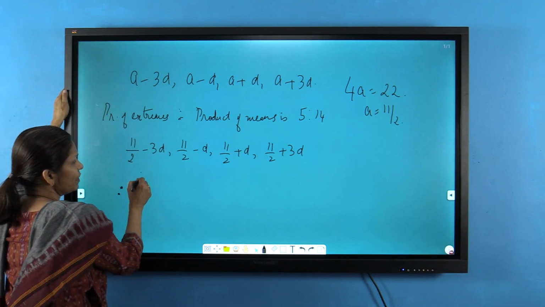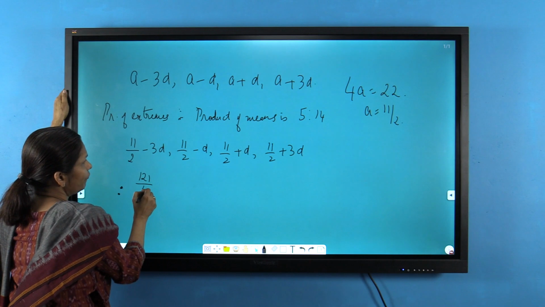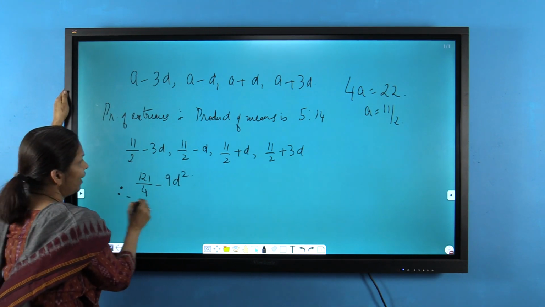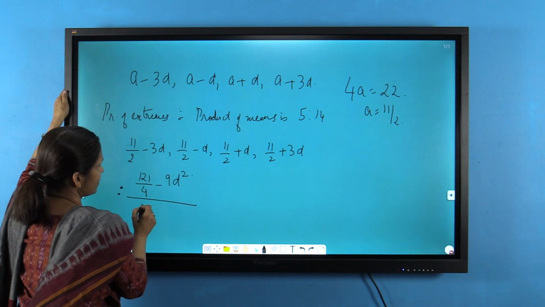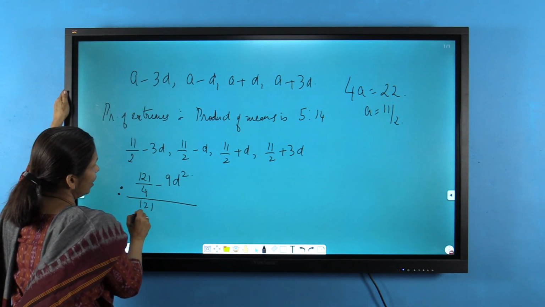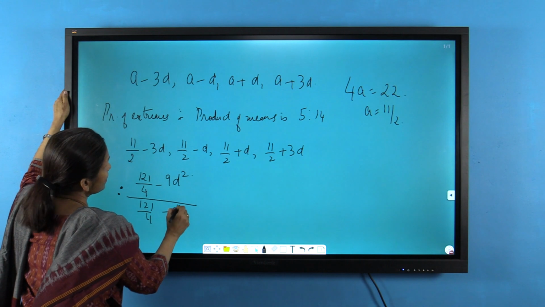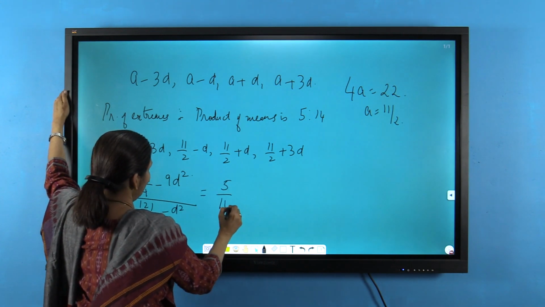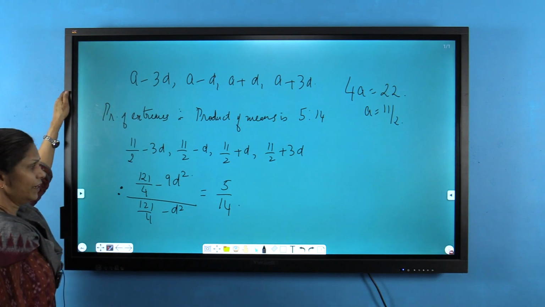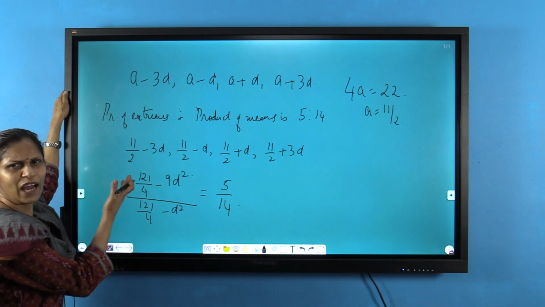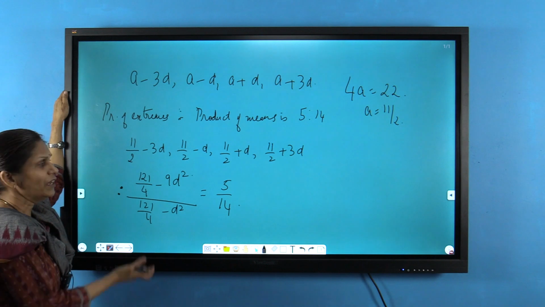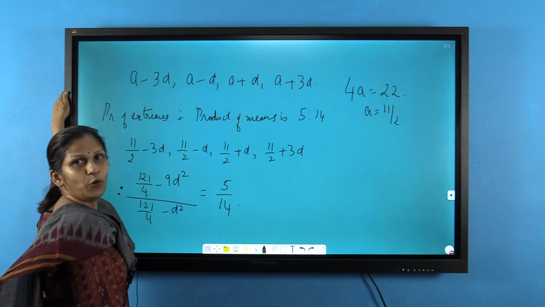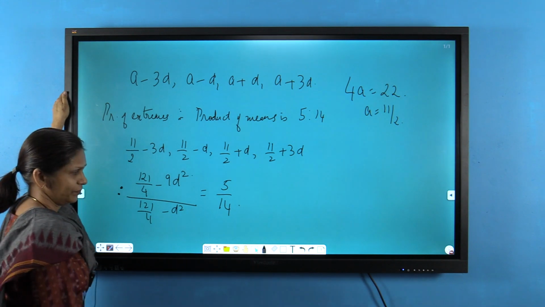The product of these two is 121 by 4 minus 9d squared, divided by the product of the means, that is 121 by 4 minus d squared, that is 5 by 14. Is this clear? Now, I hope you can simplify. Simplification is simple. Simplify and then find the value of d, and hence a is already known. You can find the 4 terms.